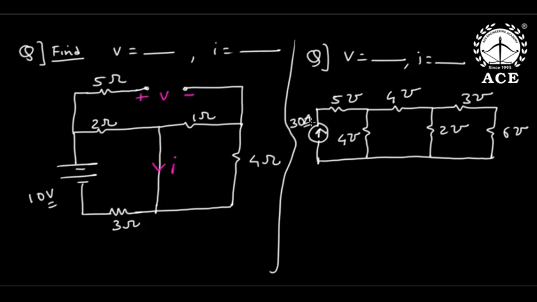This current is 30 amperes. My question is, what is this current I and what is this voltage V?